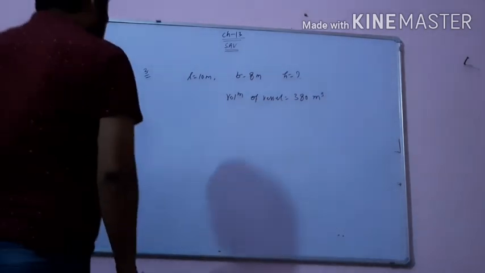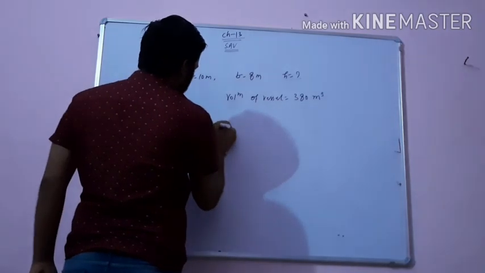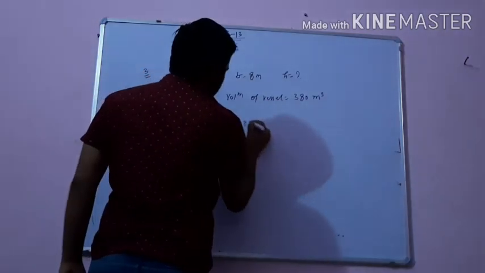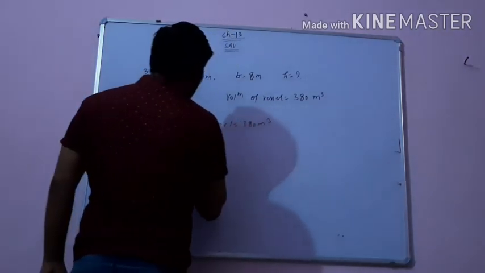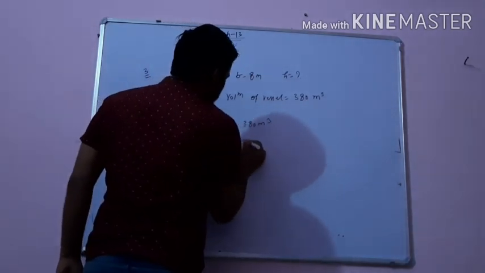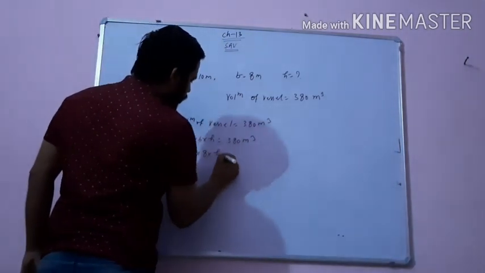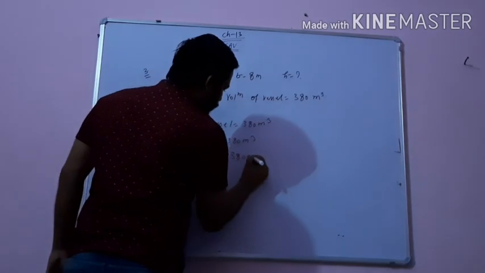Now the volume of the vessel equals 380 meter cube. Volume of vessel is L into B into H, that is 380 meter cube. Now 10 multiplied by 8 into H, that will be 380 meter cube.